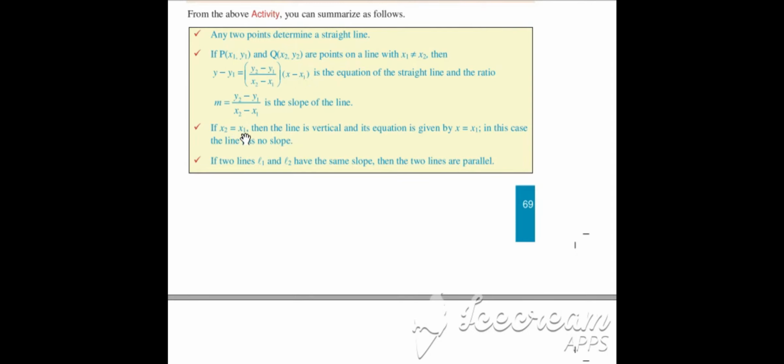If x1 in points P and Q is equal to x2, then the line that passes through P and Q is a vertical line.